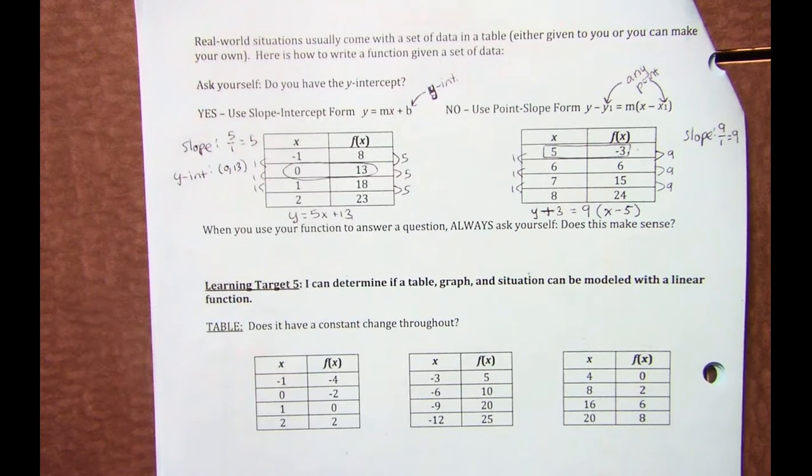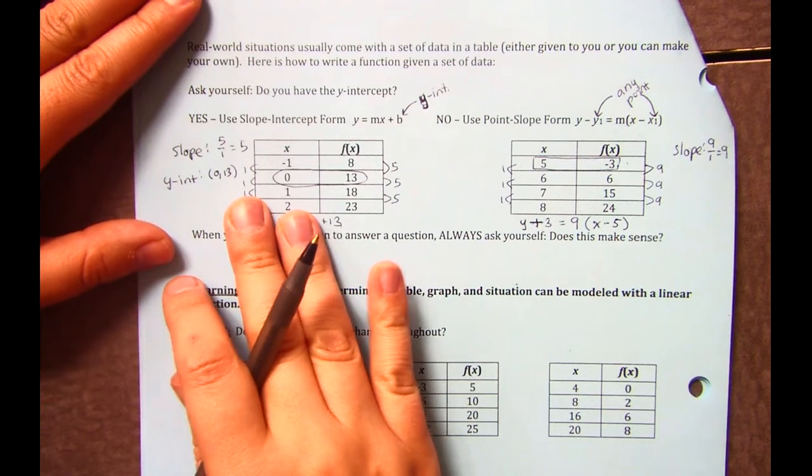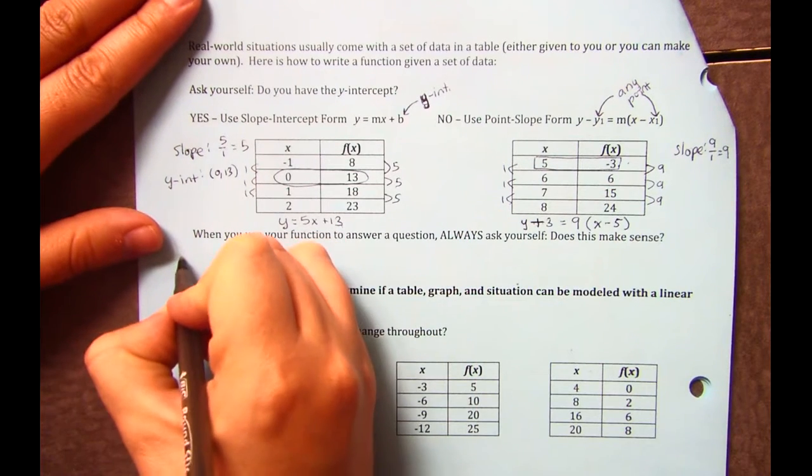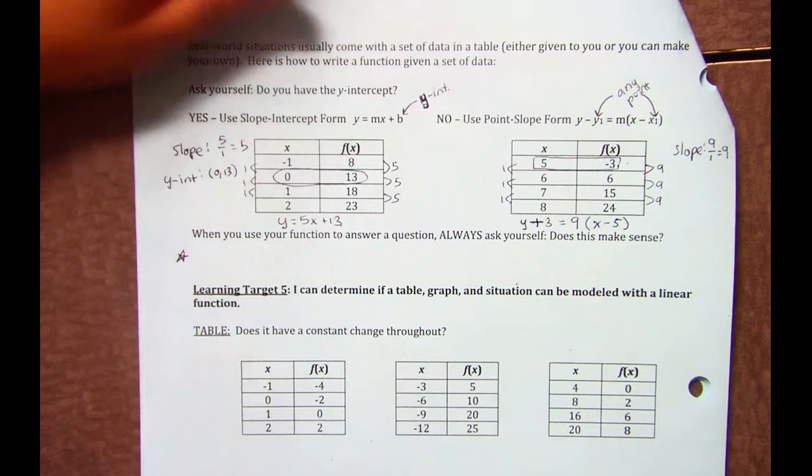The last thing I want to point out that's not on these notes is we've talked about when to use slope-intercept form and when to use point-slope form. We haven't talked about standard form. We will do a lot of examples of standard form in class.